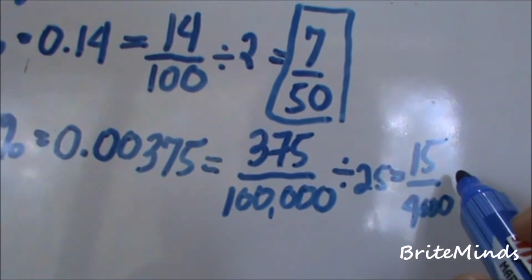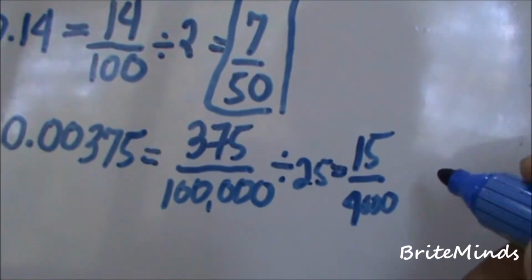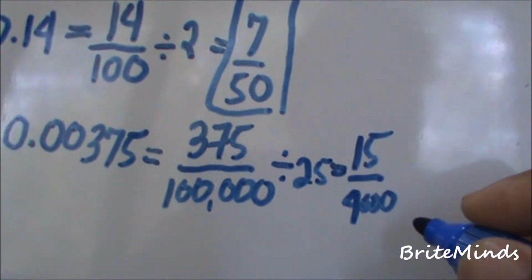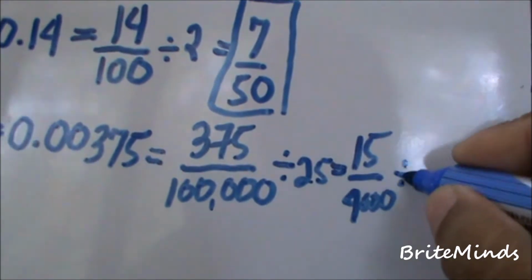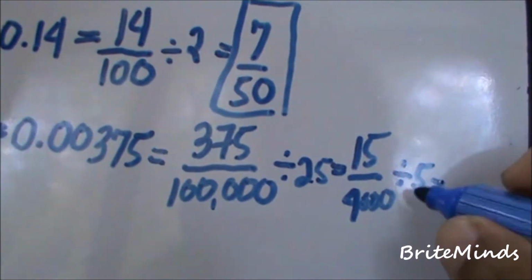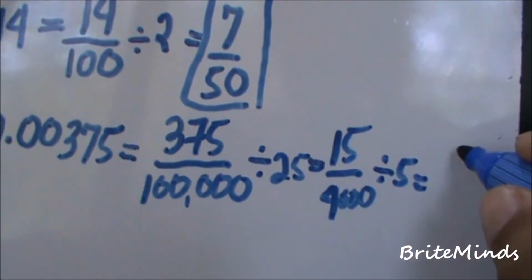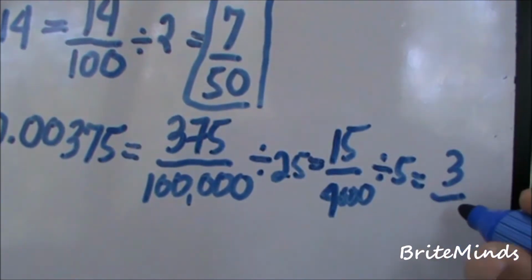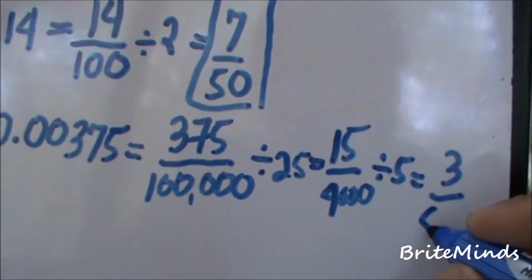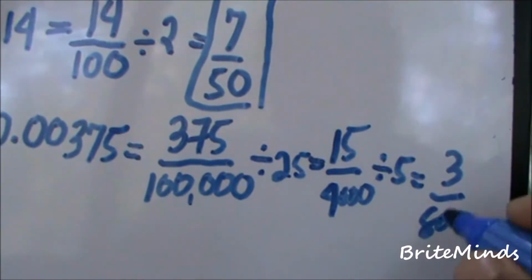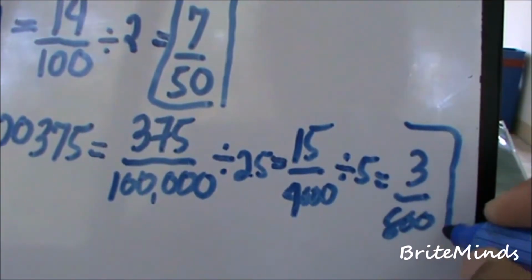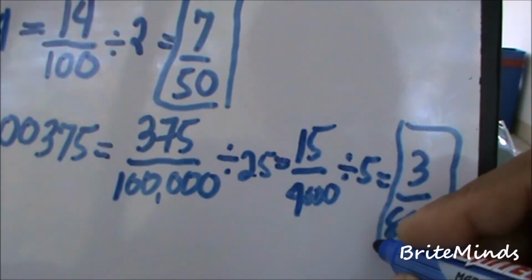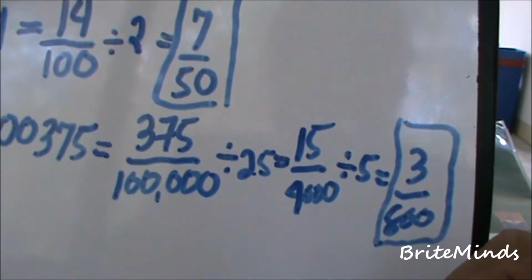Still, we need to reduce it to lowest terms, so we can divide it by 5. 15 divided by 5 will be 3, and then 4,000 divided by 5 will be 800. So this is our final answer in reduced terms, 3 over 800.